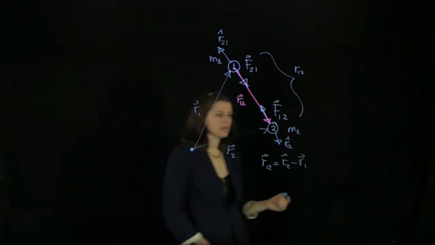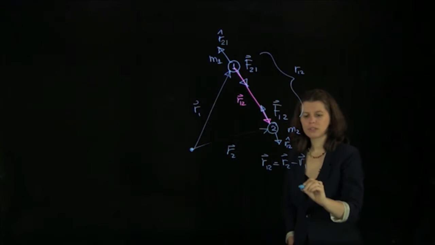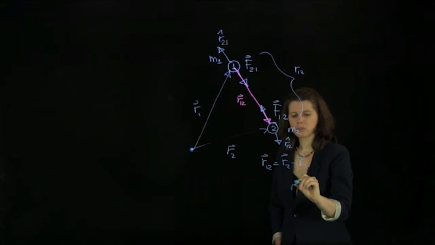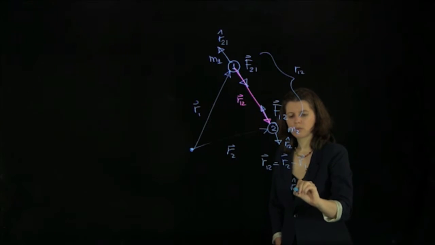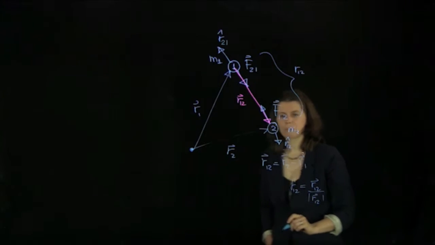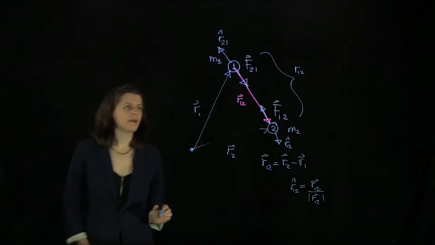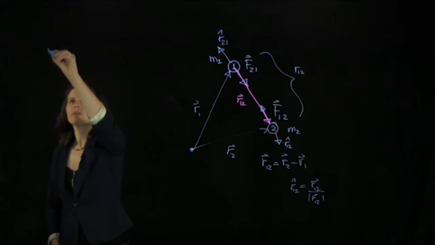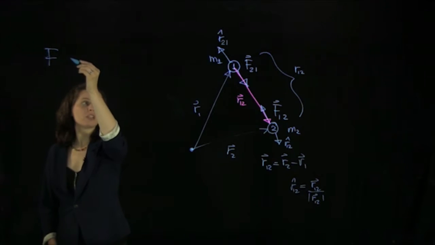For now, we can just quickly write down the definition for a unit vector. So our r-hat 12 is, of course, the vector itself, r12, divided by the magnitude of the vector. We can write it like this. And now we can write down the gravitational law.